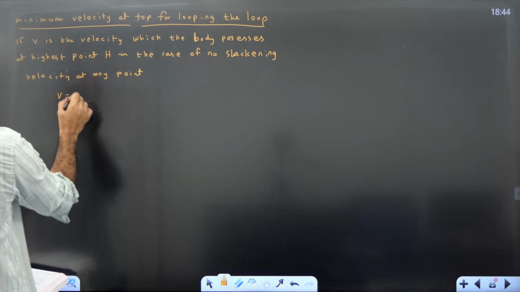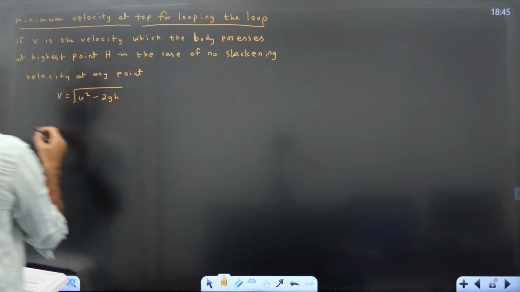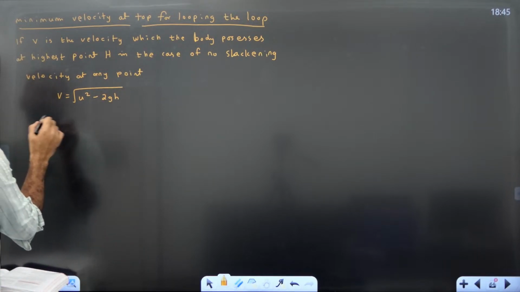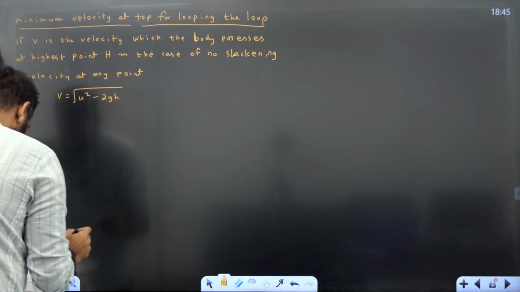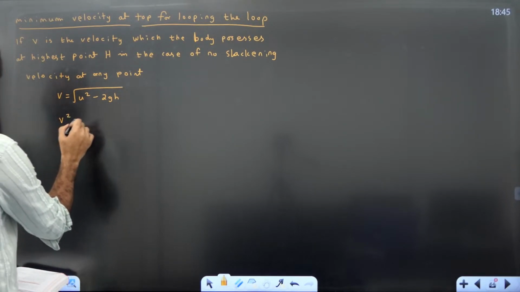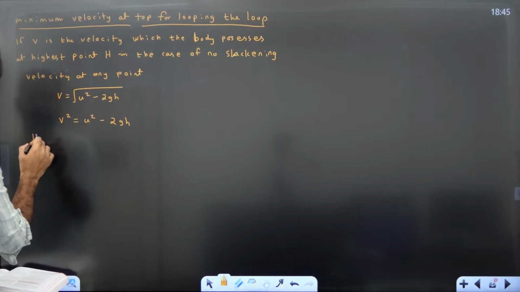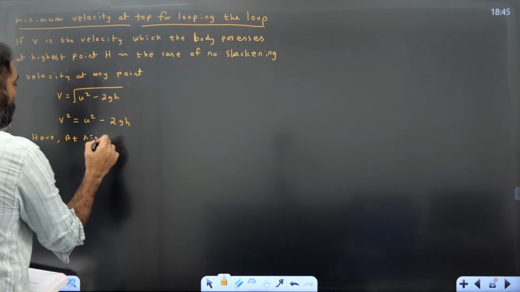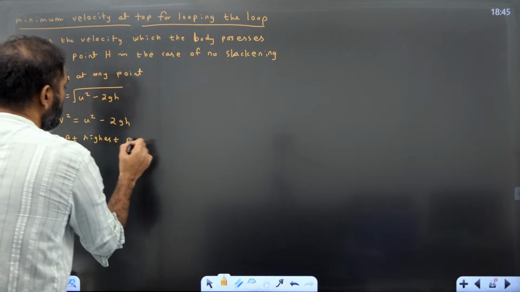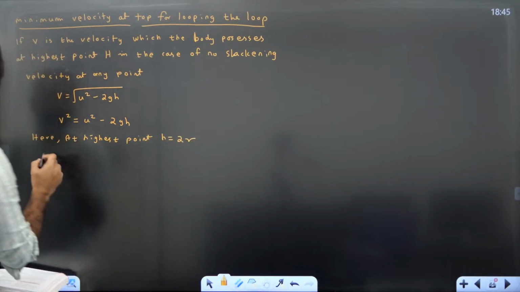v is equal to root of u square minus 2gh. So v square equals u square minus 2gh. Here, at the highest point, h equals 2r.